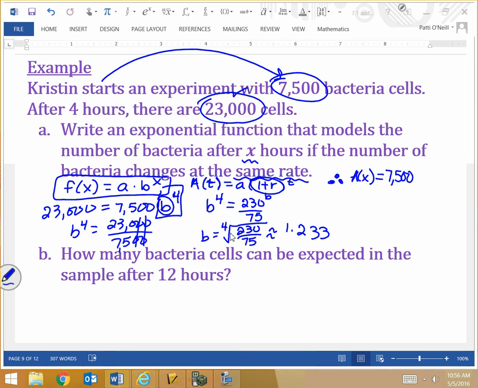That has to stay in the formula this time. That's the little a. Times 1.233 to the x power. By reading this, I know this is exponential growth, and I know that the amount went up. I can also interpret the 1.233 as telling me there's a constant percentage change of 23.3%, because that's the extra value that got added onto the 1. As a decimal, 0.233 is 23.3%.